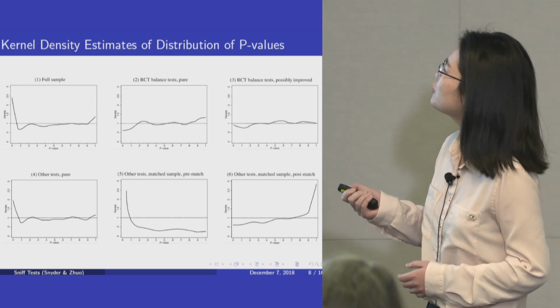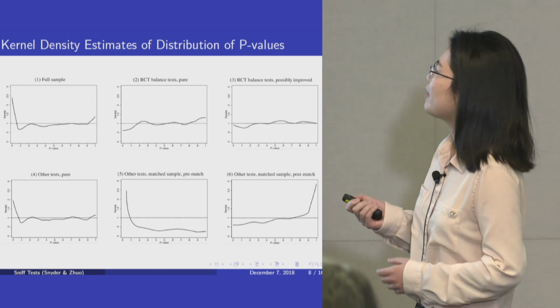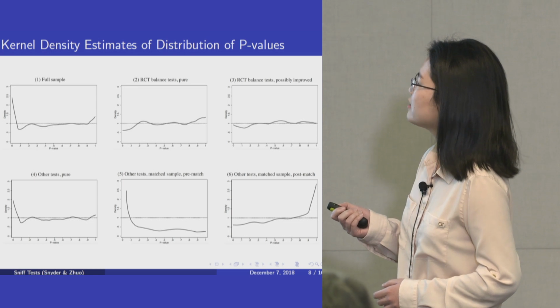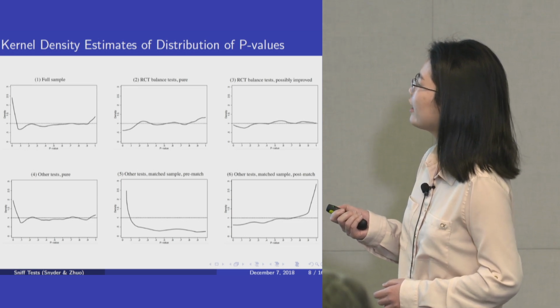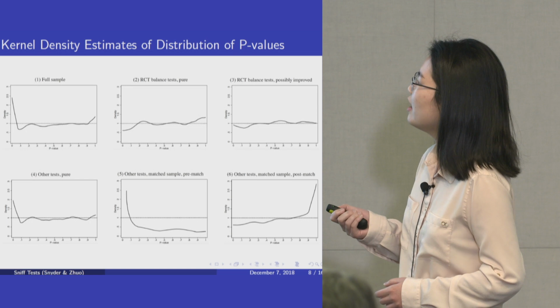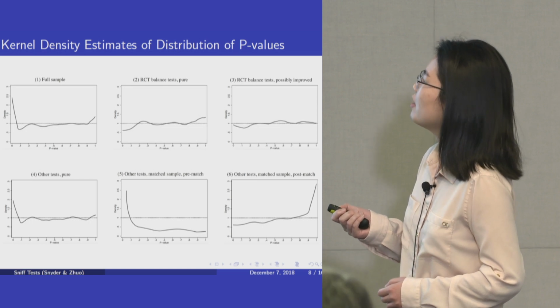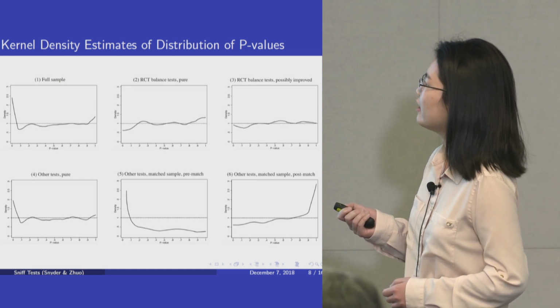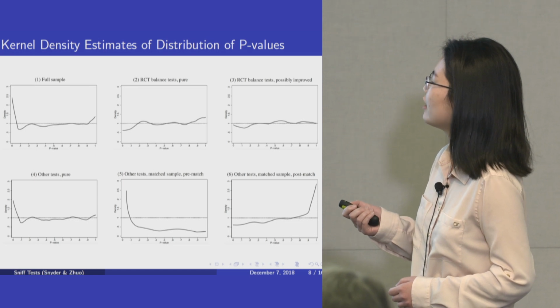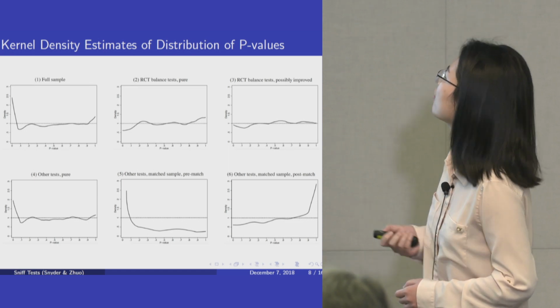if we zoom into the RCT balance test, we can see that somewhere between 0 and 0.1, the mass is below the uniform distribution, and then it rises in this region and follows the uniform distribution more closely.